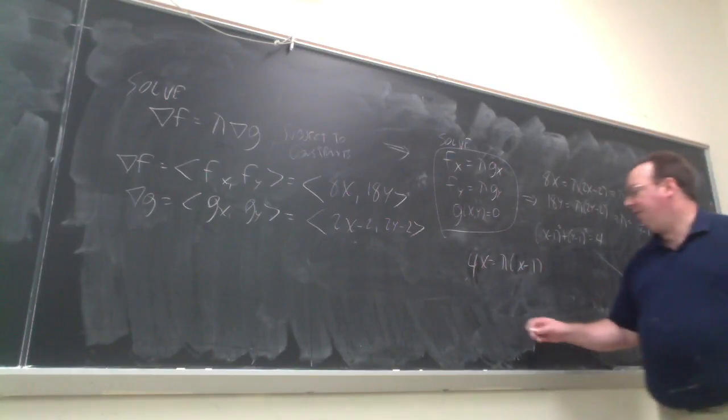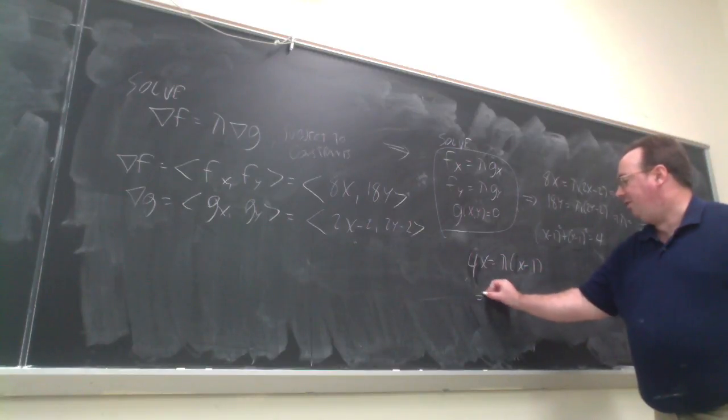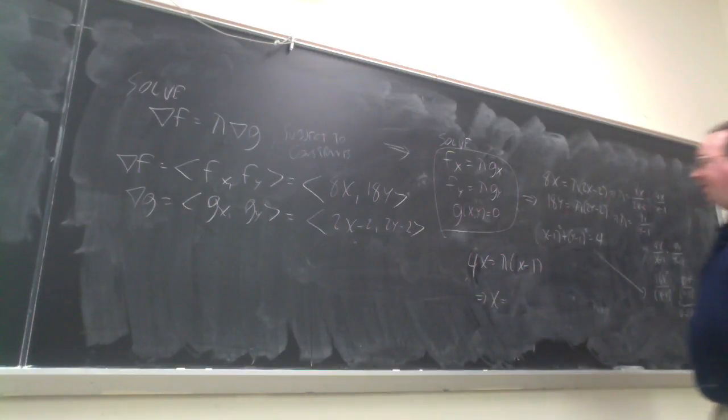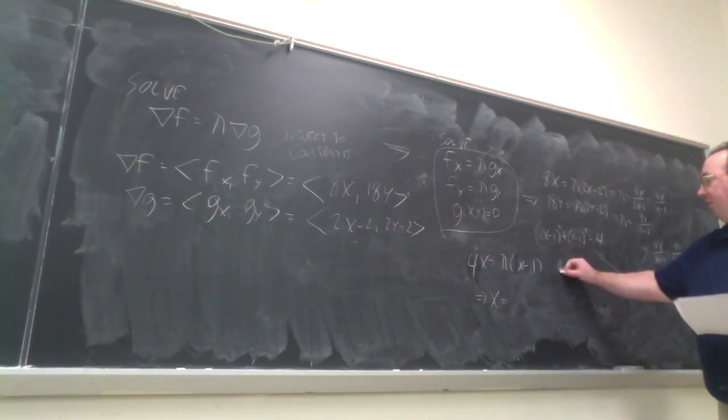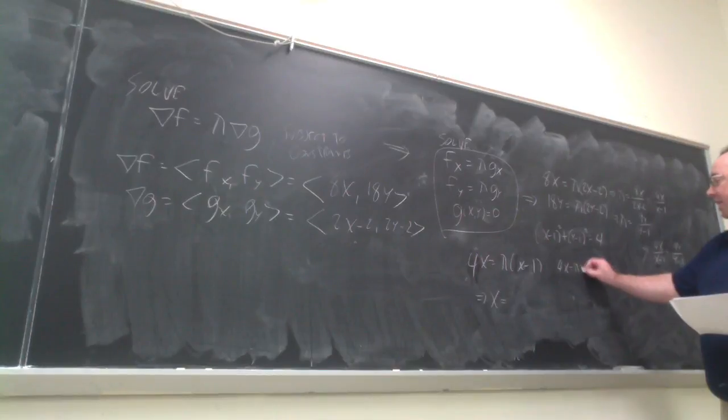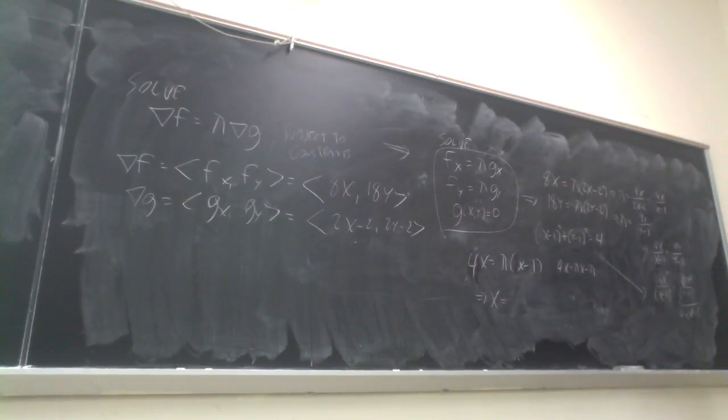So I could solve this equation by rearranging for x. If I multiply it out, I have 4x equal to lambda x minus lambda. But now I want to isolate x.